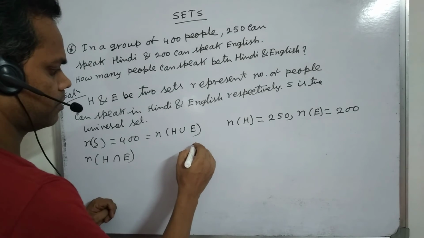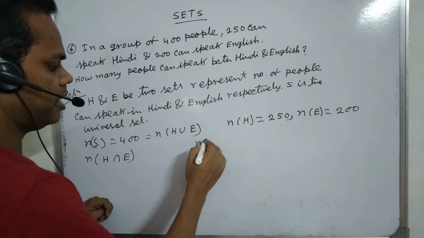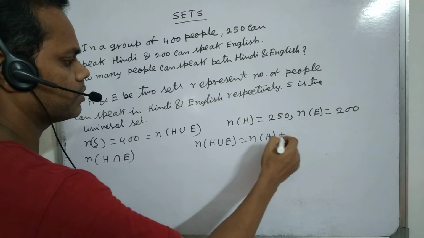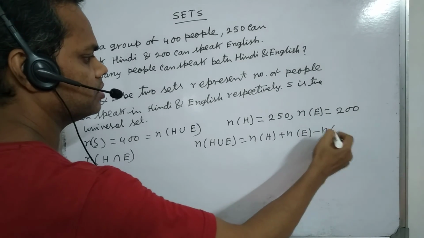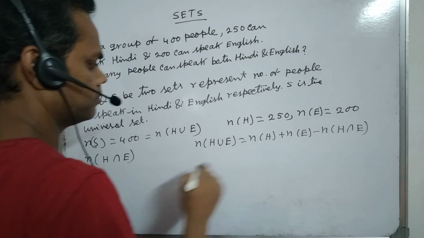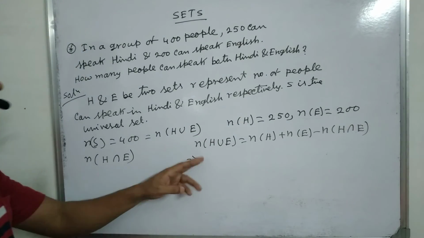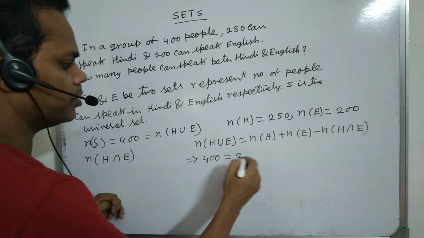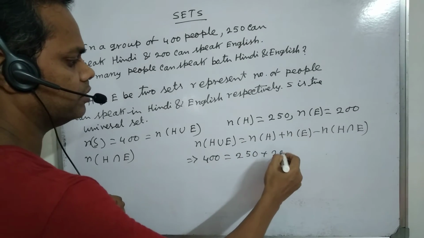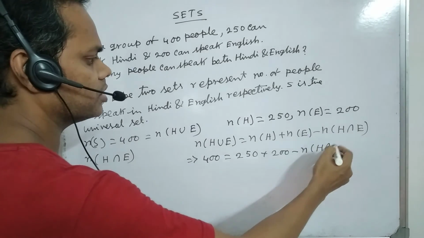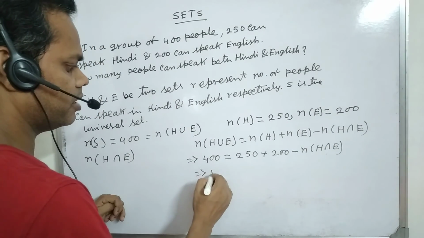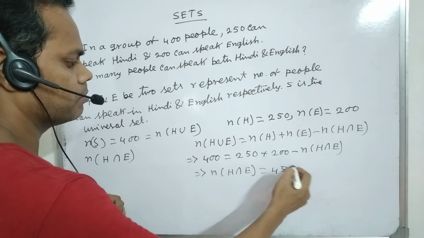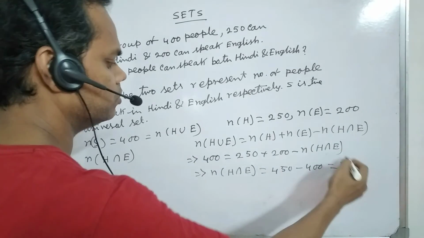By the Venn diagram, n of H union E is equal to n of H plus n of E minus n of H intersection E. So 400 equals 250 plus 200 minus n of H intersection E. So n of H intersection E is equal to 450 minus 400, which is 50.